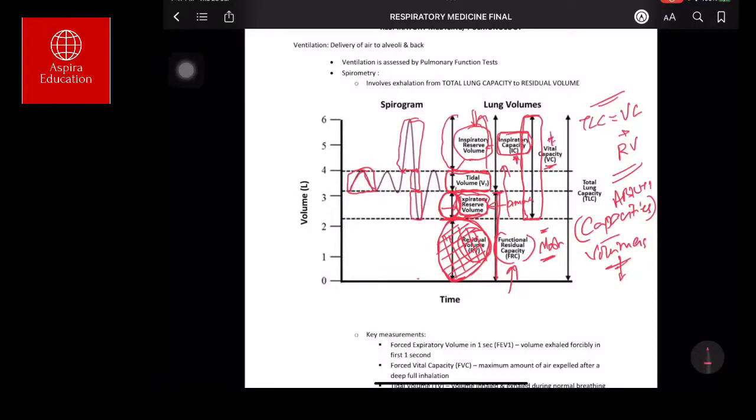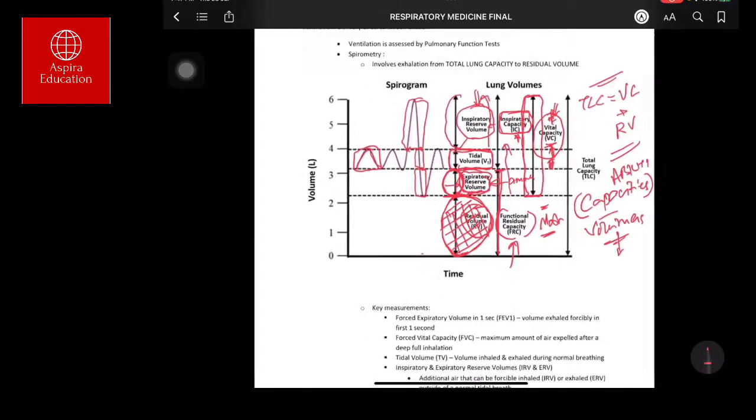Vital means life, capacity means circumstances leading to abilities. So vital capacity means whatever situations may arise, you can increase your breathing, you can increase your volume inspired, and you can, in fact, increase the volume that you release as well.